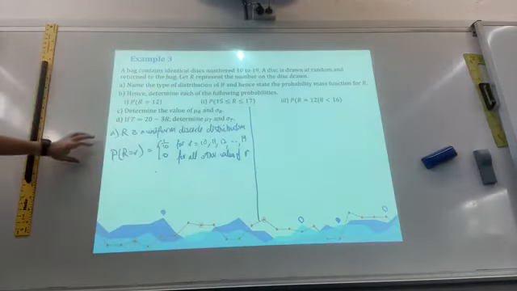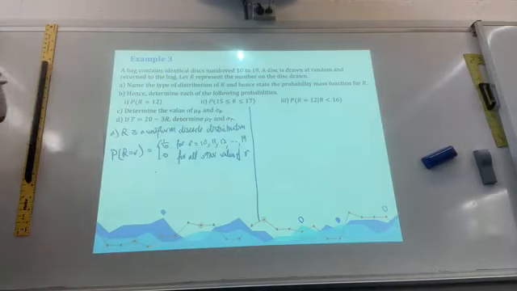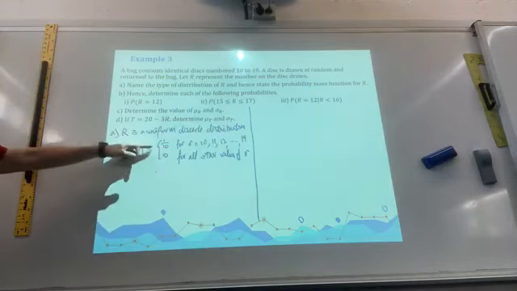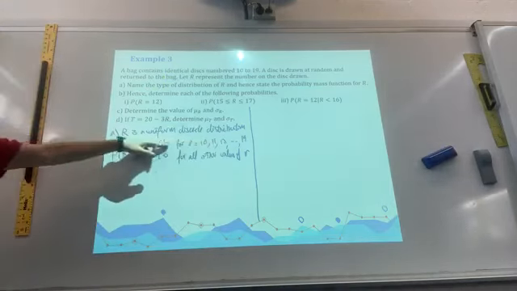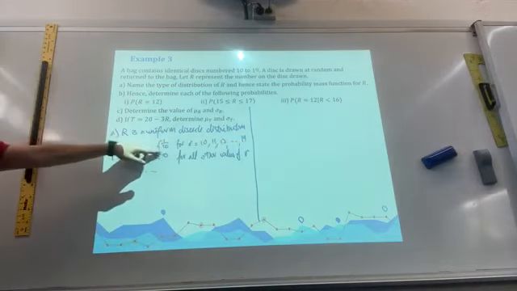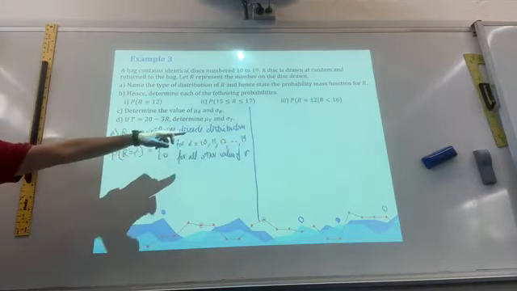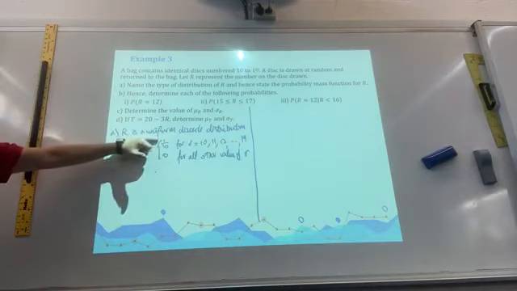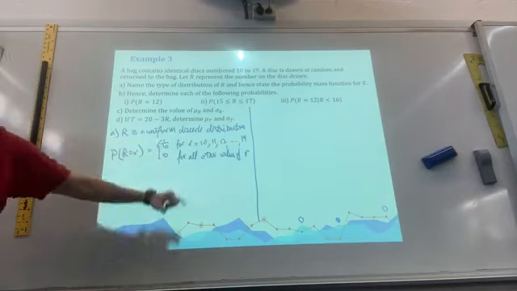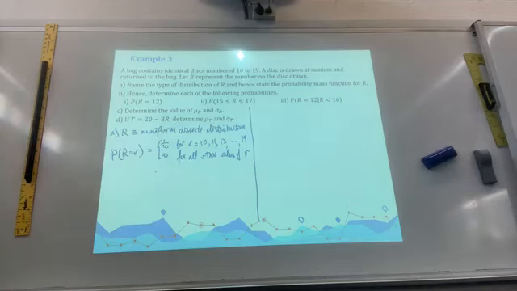So for a probability mass function, you should always state what R should be: 10 to 19, 1 over 10, equally likely, uniform, 10 discs in there, and the rest is 0.